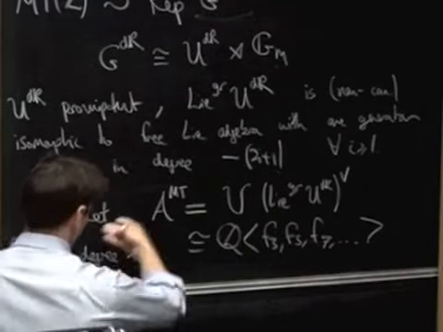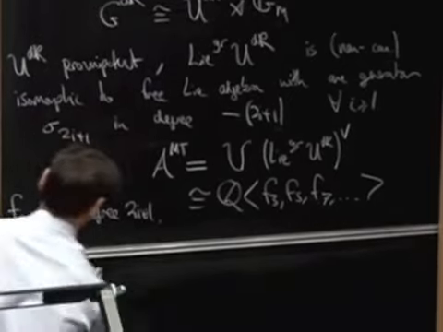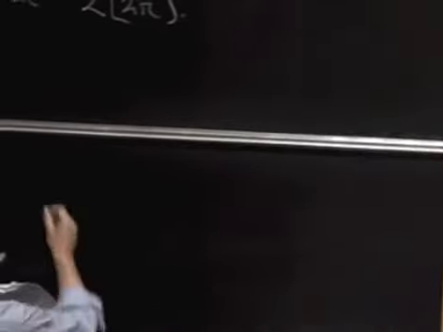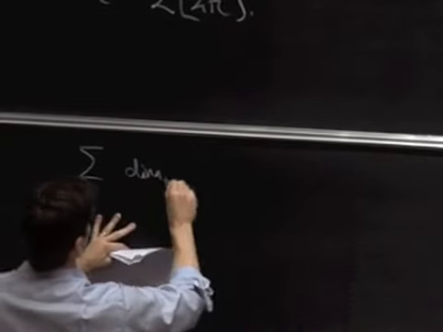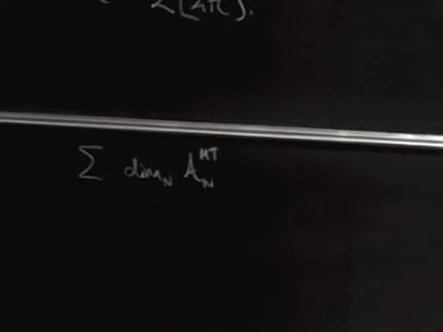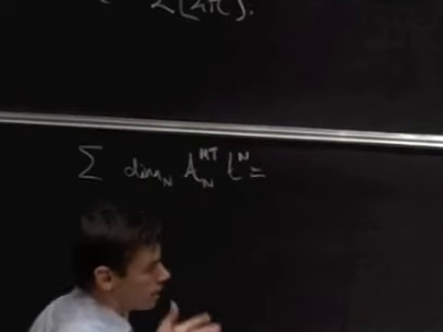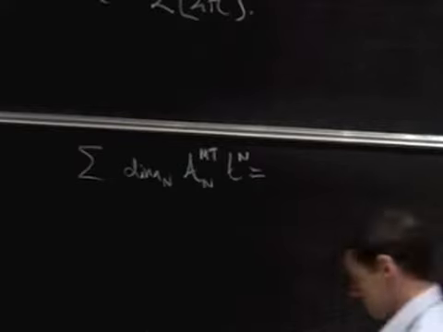After this, it's very easy to compute the dimensions of this space. What's the Poincaré series for the dimensions in weight n of the functions on the motivic Galois group? This is just an exercise: how many words are there of fixed weight in some family of letters?